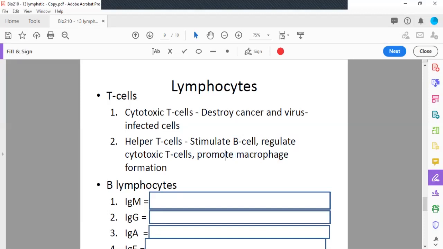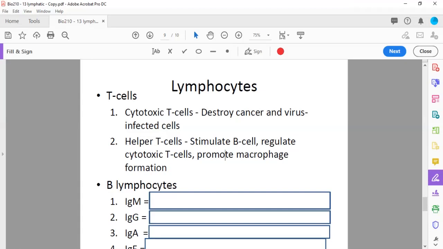So in essence, the helper T cells are not so much on the front line of defense. It's more behind the scenes. It's more powerful because it stimulates B cells, and the more B cells you have, the more plasma cells you can make, which means you can make more antibodies.